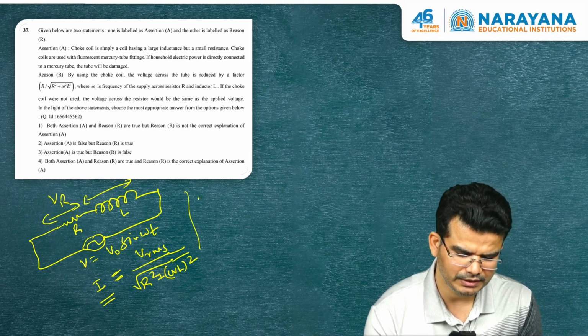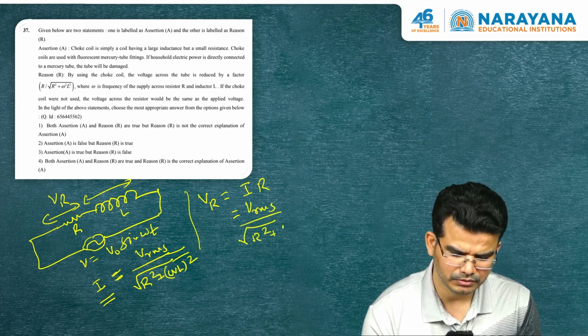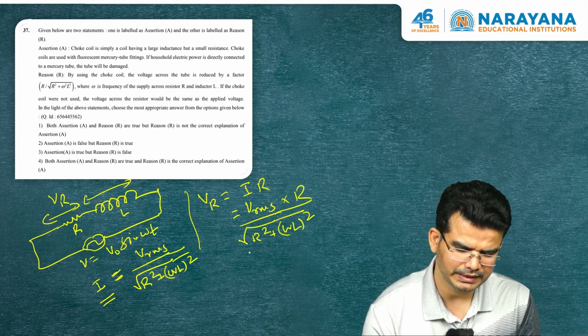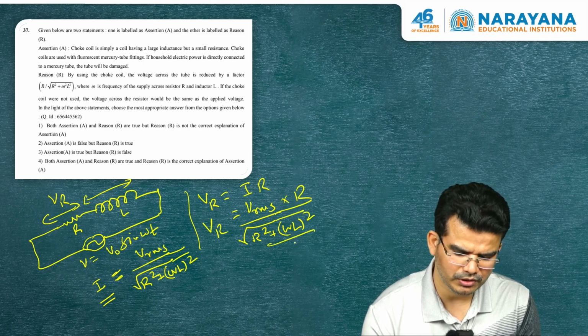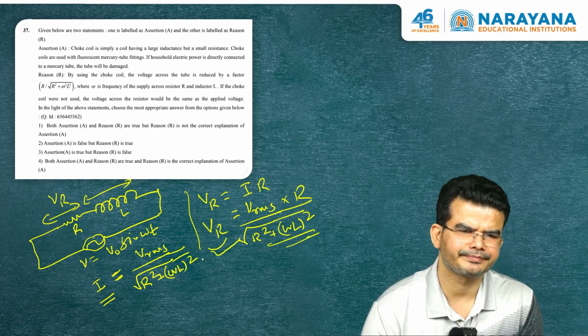So, what is VR? VR equal to I into R. I is V RMS upon root over R square plus omega L whole square, into R. So, you can say this much is the voltage drop across this resistor. The resistor is our mercury tube.